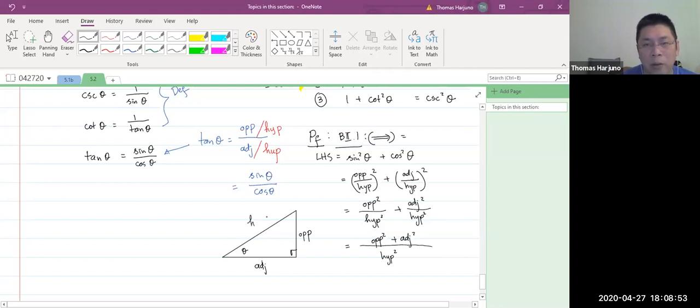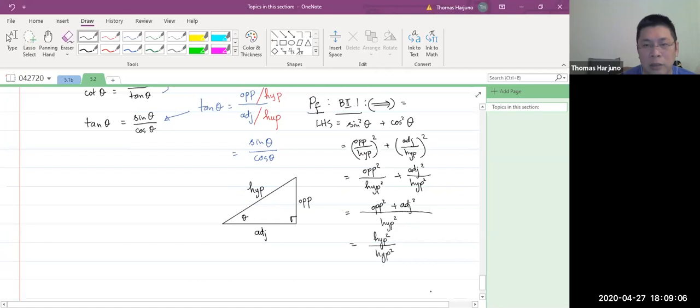By the Pythagorean theorem, that is hypotenuse squared on the top, right? But hypotenuse squared over hypotenuse squared equals 1. That's our right-hand side. That's what we try to do.